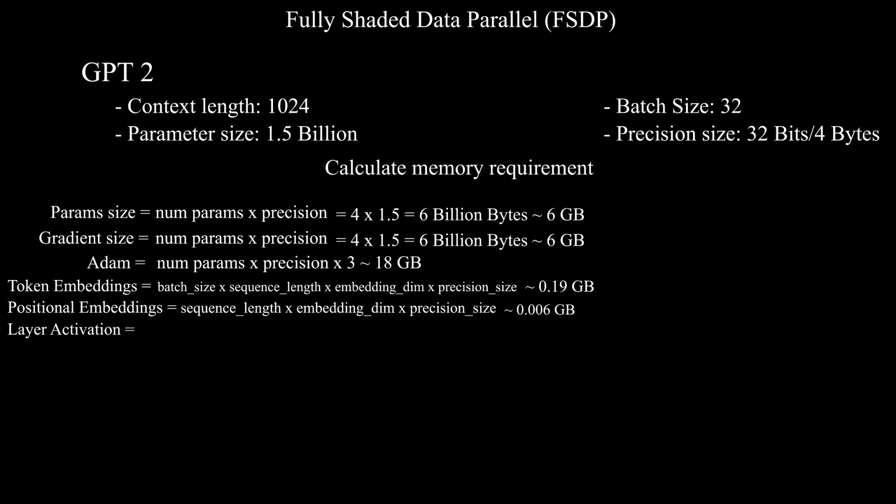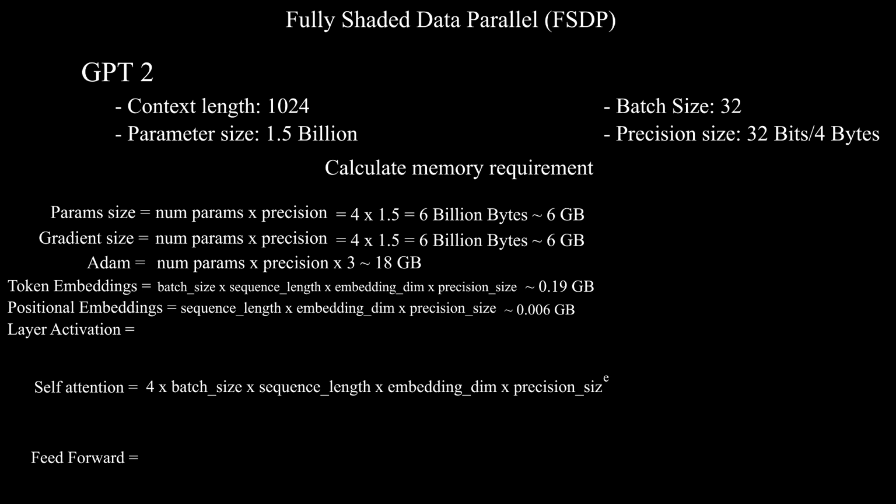For layer activation, for each layer we need to store self-attention outputs, which is 4 tensors: query, key, value, and its output. The second is the feed-forward intermediate and its output. First we compute for self-attention, where we use 4 times, since we have 4 tensors, then 4 times batch size times sequence length times embedding size times size of precision, which comes to around 0.78 gigabytes, or roughly 0.8 gigabytes.